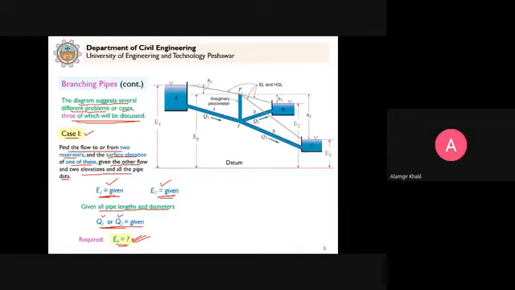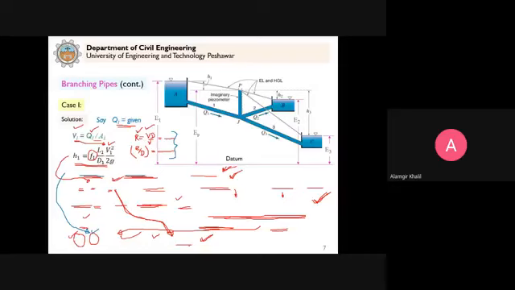So when surface elevation for two reservoirs is given and discharge for one of them is given, either Q1 given or Q2 given, what will be required? E3. So how do we proceed?